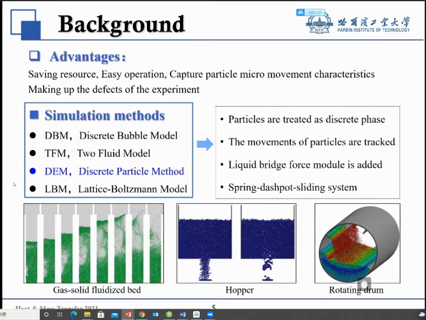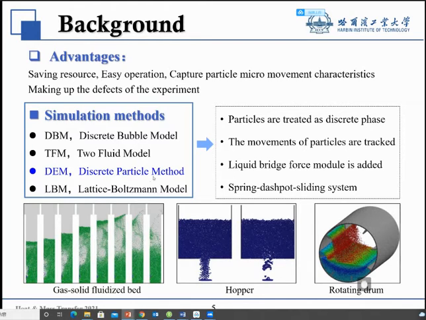characteristics. For the simulation method, there are four major methods, including the discrete bubble model, two-fluid model, discrete particle model, and lattice Boltzmann model. For this work, I choose the third method, the discrete element method, because particles could be treated as a discrete phase, and the movements of particles are tracked, particularly because I want to investigate the effect of cohesive liquid.